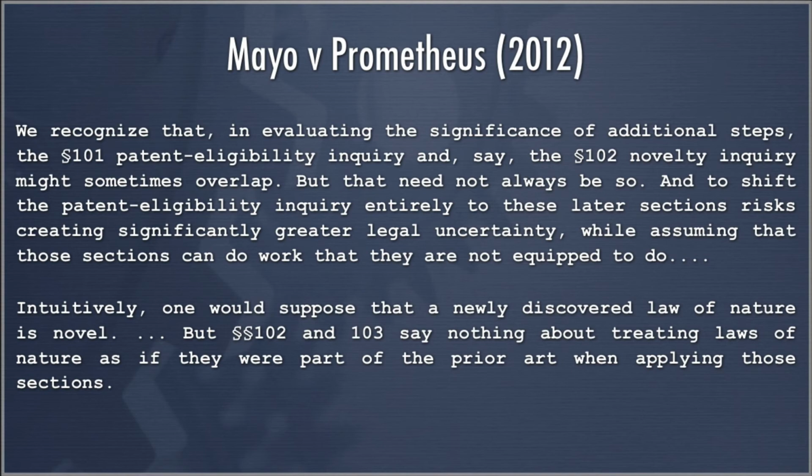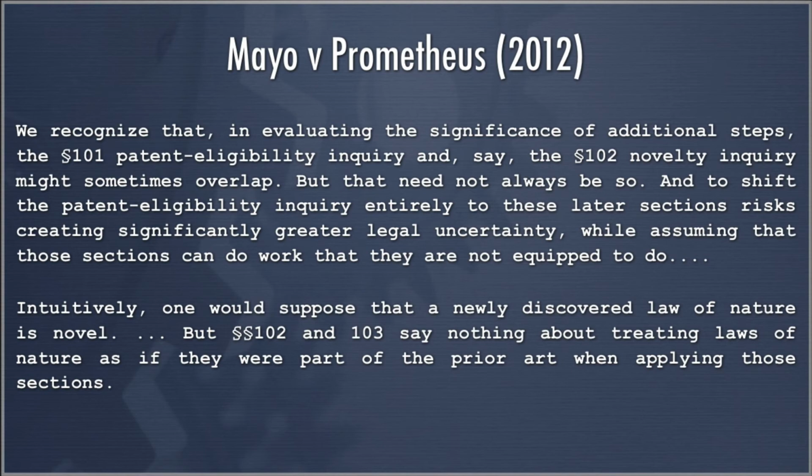So it's certainly possible that Section 102 and 103 could allow for laws of nature to be prior art, by saying that because they're laws of nature, even if there's the doctrine of inherency, they inherently exist, right? So they exist everywhere because they are inherently present in almost all of the types of relationships that are out there, right?